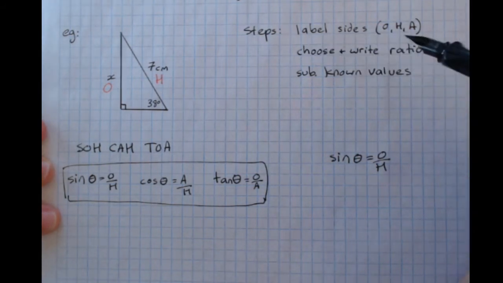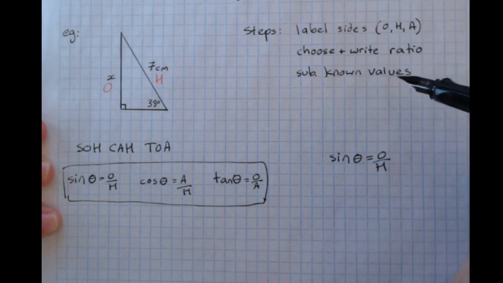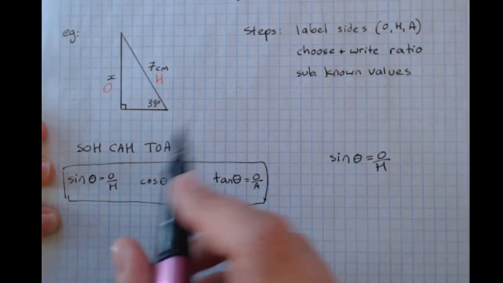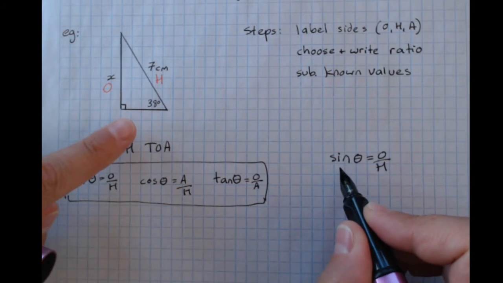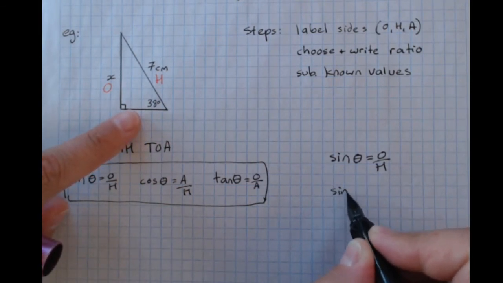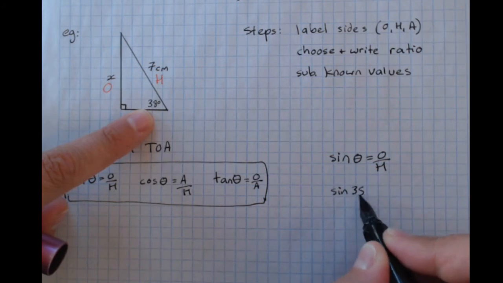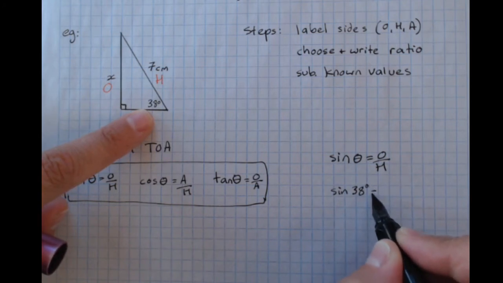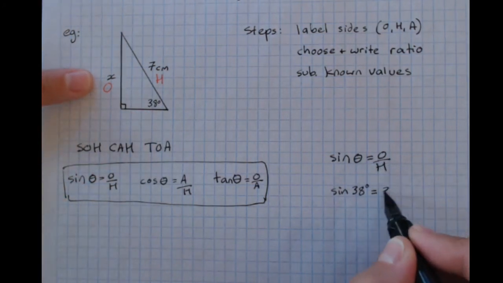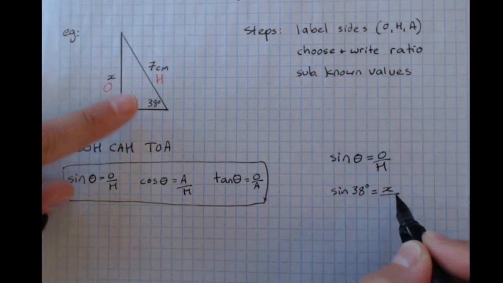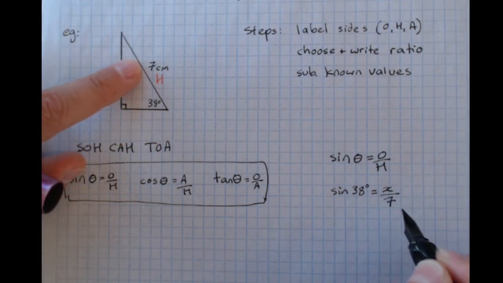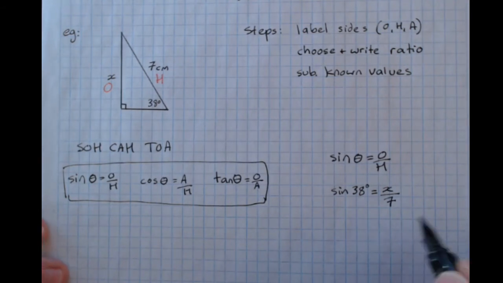Any problem, we will label the sides, choose the ratio, substitute the known values. So we're writing our ratio and substituting all the values. Sine of 38 degrees, don't forget the degrees sign, equals the opposite is x divided by the hypotenuse of 7. We don't put units in our working, that stays till the end.